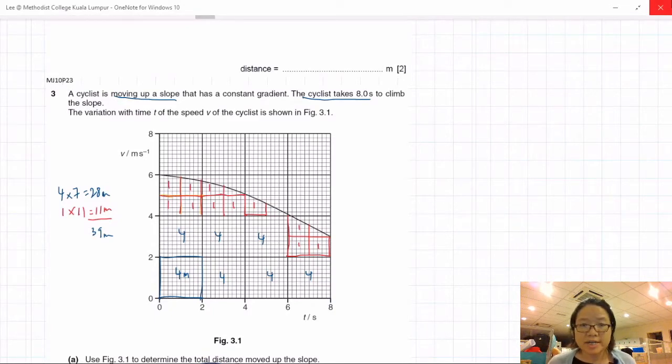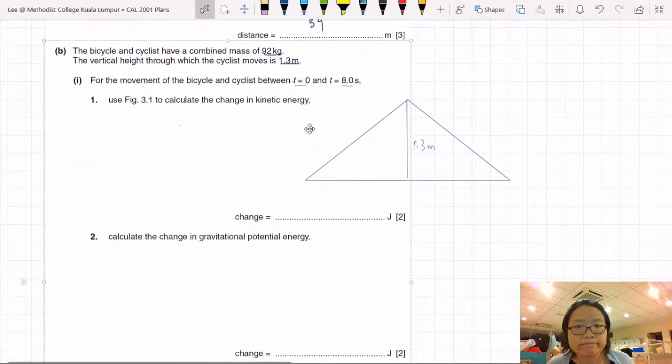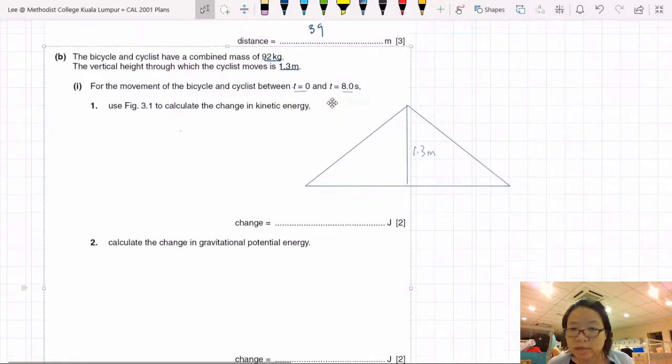By the way, these kinds of estimation questions are not very common, but when they do come out, it can be quite easy to get marks on.